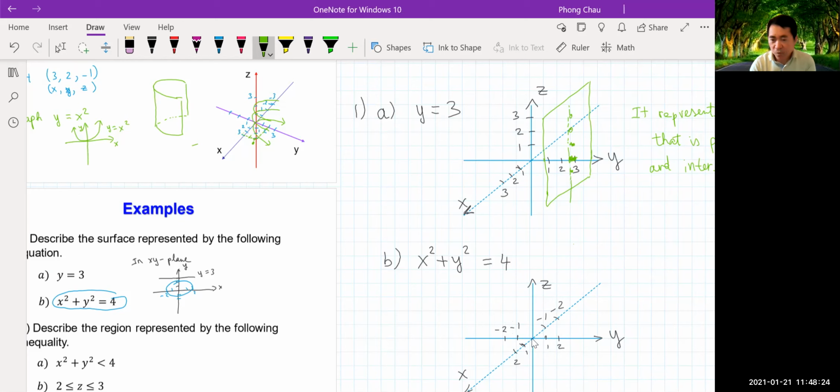So we have the x-axis pointing toward you, the y-axis to the right. I counted 1, 2, negative 1, negative 2. So if you graph it here, the circle in the plane would be this one, going through 2, negative 2, 2, negative 2. I think my scale is not so perfect, but it will be like this.